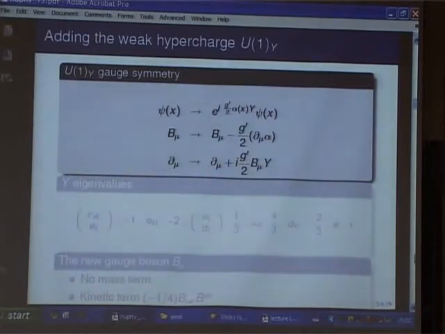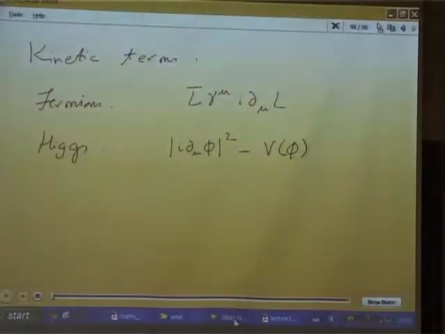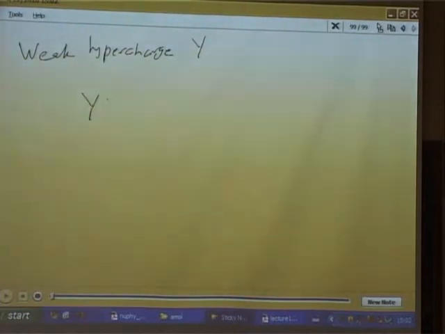So Y is an operator that acts on some psi and gives you something.